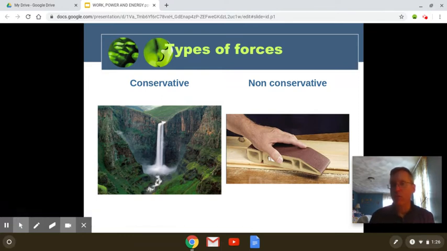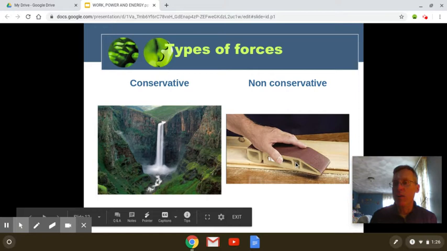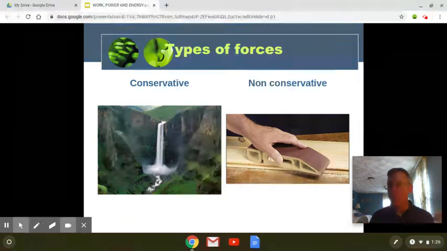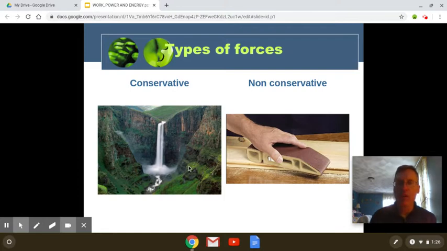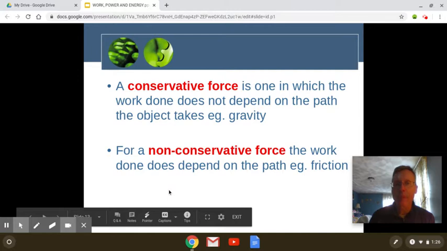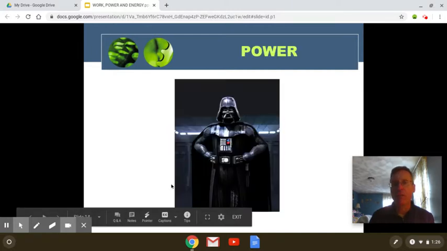It's a conservative force. Friction is a dissipative force. It dissipates the energy. So if I move this block this way, the friction did work against the block and it dissipated. If I move the block back to its original position, I didn't get that energy back. Friction took it away again, and there you have it. So friction, we say, is non-conservative. Okay, and there's the definition of those things.